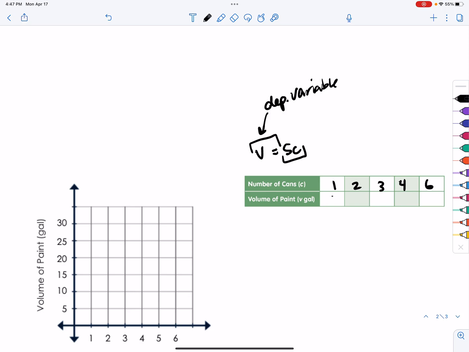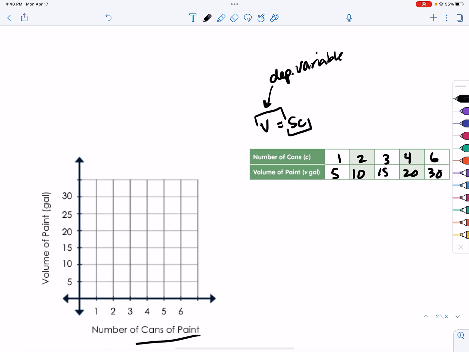So 1 times 5 is 5, 2 times 5 is 10, 3 times 5 is 15, 4 times 5 is 20, 6 times 5 is 30. So our independent, the number of cans. If we have 1 can, we get 5 gallons. 2 cans is 10, 3 cans is 15, 4 cans is 20, and 6 cans is 30.